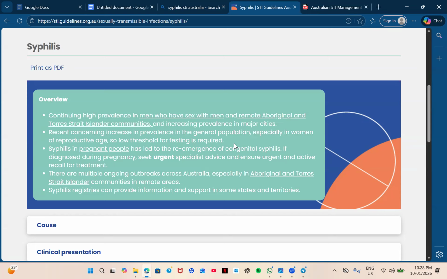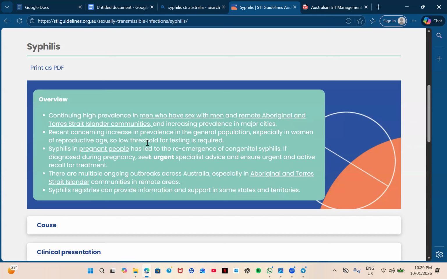So, what is syphilis? Overview of syphilis: it has a high prevalence in men who have sex with men and in Aboriginal and Torres Strait Islander communities, and an increasing prevalence in major cities.